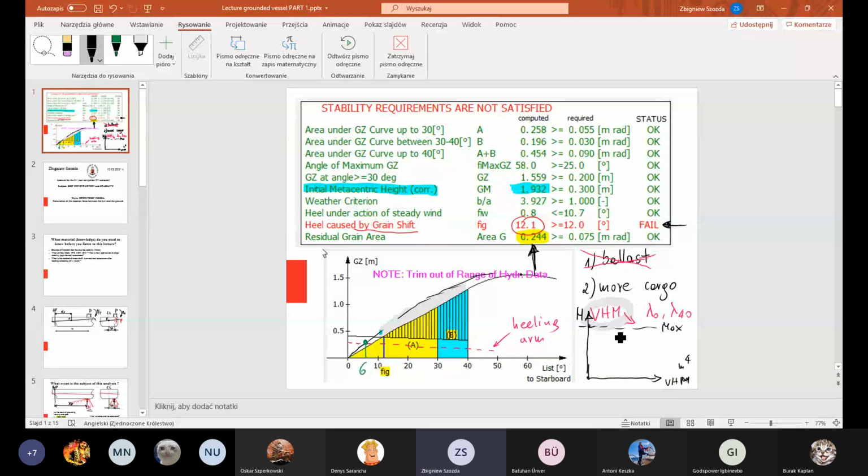This is an average function for an average ship. So if the volume of the cargo is bigger, probably the volumetric heeling moment will be lower in this range of filling of the hold. So Batuhan, you were 100% correct, and also other students who thought about such a solution were right. Yeah, it would be the best solution in this particular case.